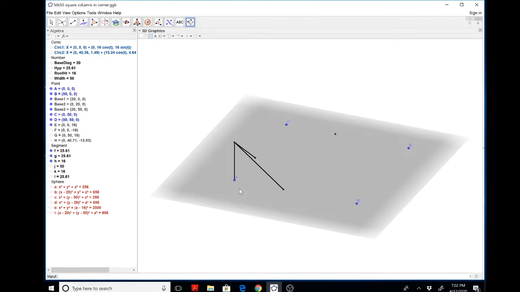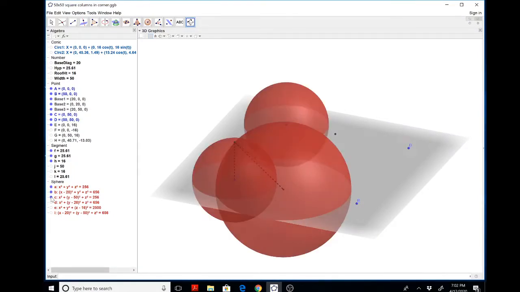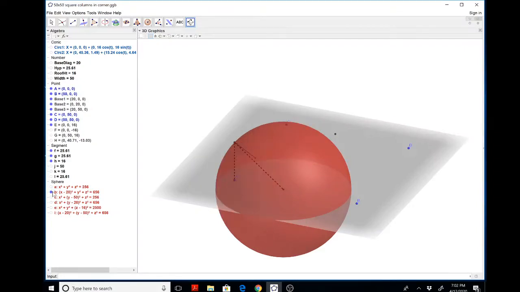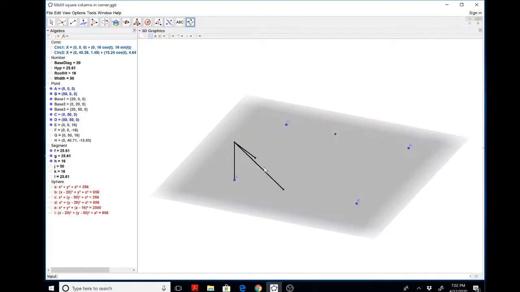I'm going to do this sequentially like a builder might, and I'm going to stabilize this first point above A using the three spheres that we've had before. The only difference now is the one sphere is a known radius, and that will be the hypotenuse here, where the hypotenuse is the square root of the base diagonal squared plus the roof height squared.